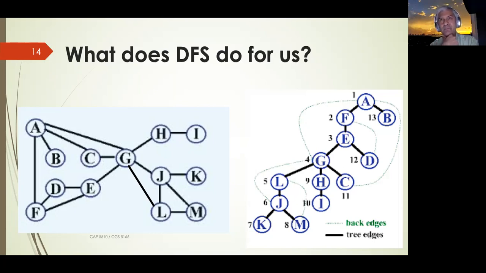Okay. Anyone remember the definition? So let's talk about connectivity. What's the definition for connectivity? When do we call a graph to be connected? When starting at one vertex, we can visit every other vertex.